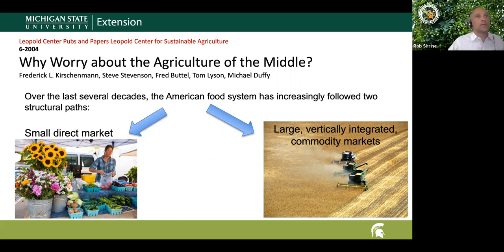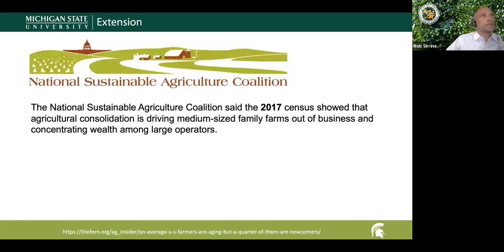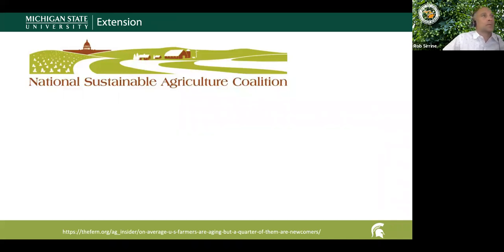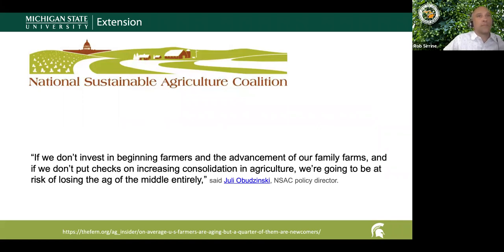So this is 2004, and a review of the ag census in 2017 by the National Sustainable Ag Coalition showed that it's still happening. Consolidation is driving medium-sized family farms out of business. And if we don't invest in beginning farmers and the advancement of farm families in checking this increasing consolidation, we're going to be at risk of losing the ag of the middle entirely.